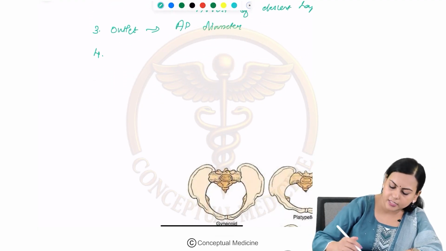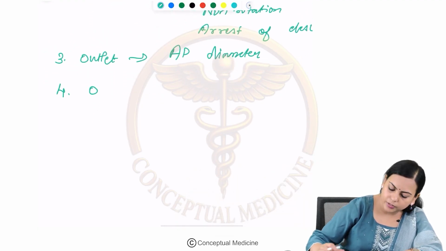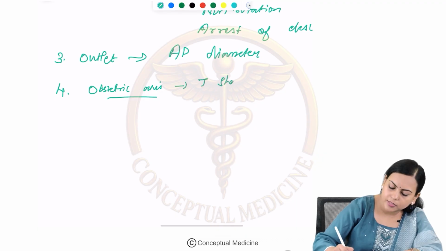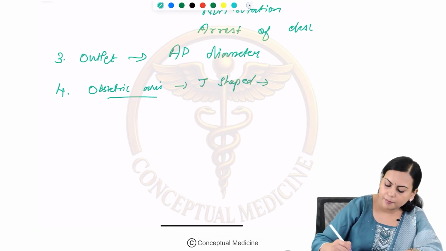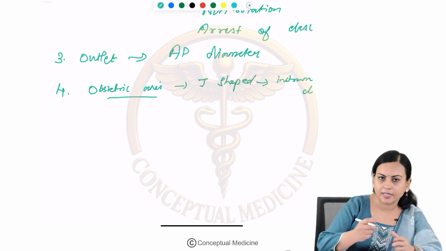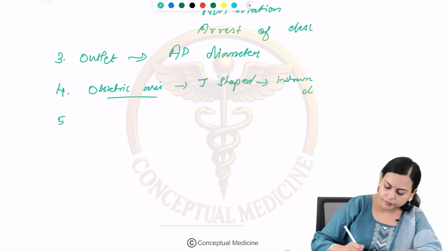Number 4, already we have seen about the obstetric axis. So, obstetric axis is basically a J-shaped structure, as we have seen. This axis is very important while delivering the baby via instrumental deliveries using forceps or vacuum. So, that is the path ideally you should give, pull.